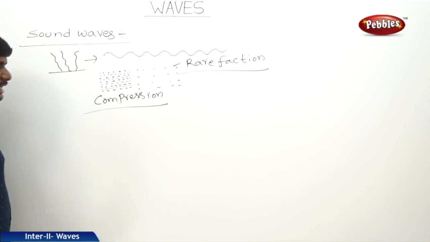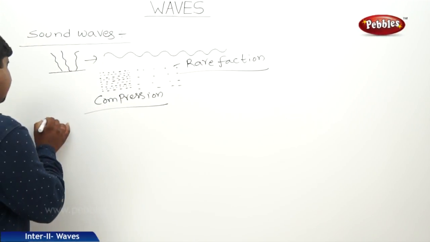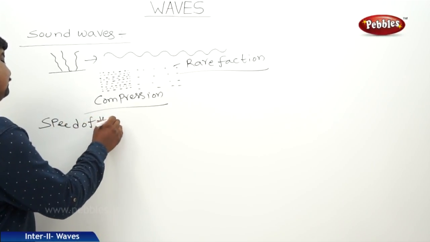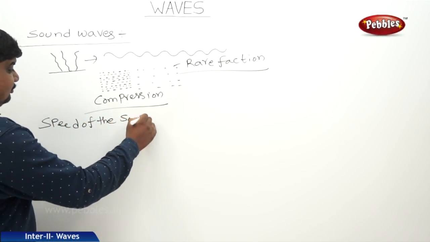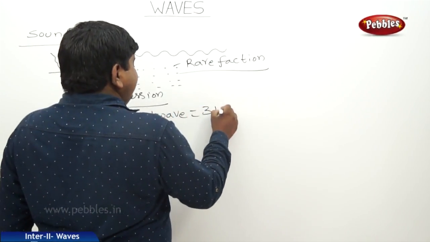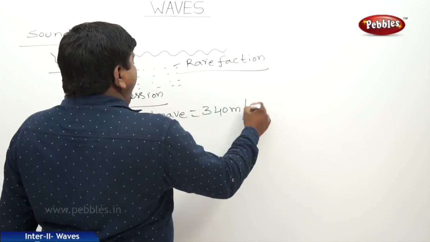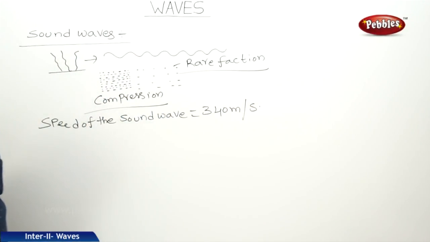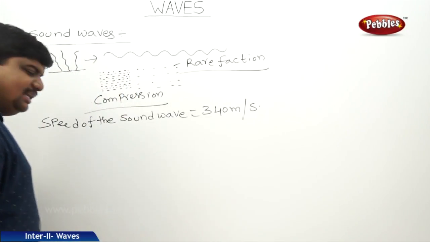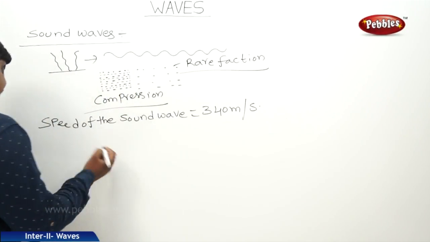So normally the speed of the sound wave in air is 340 meters per second. These sound waves are classified into two types on the basis of frequency.